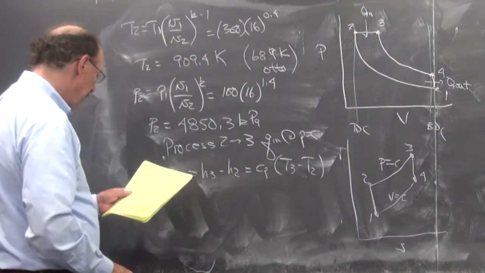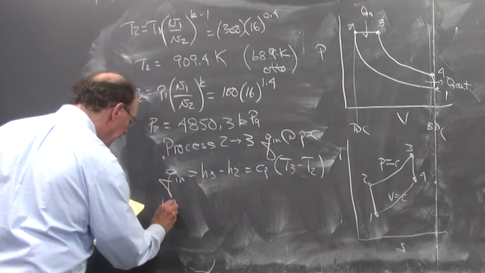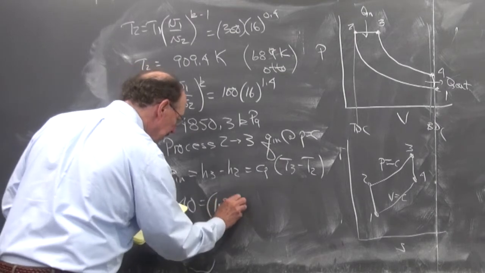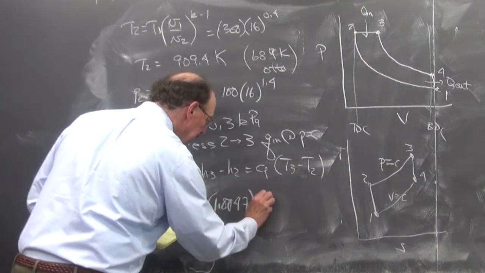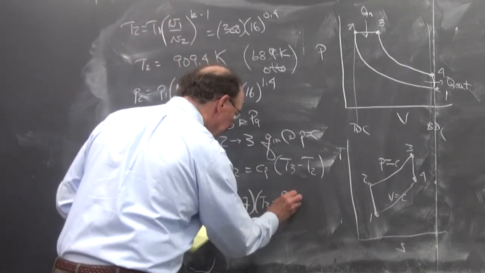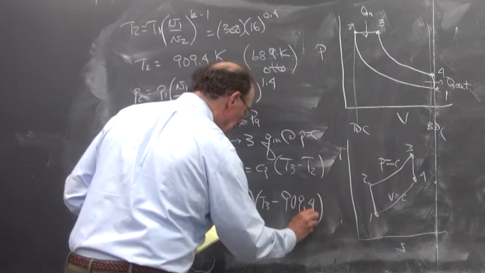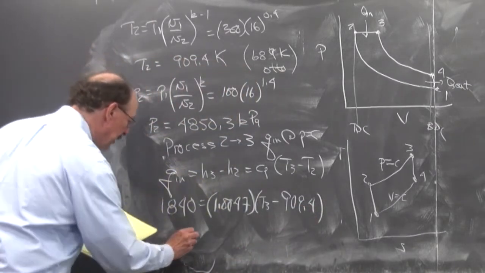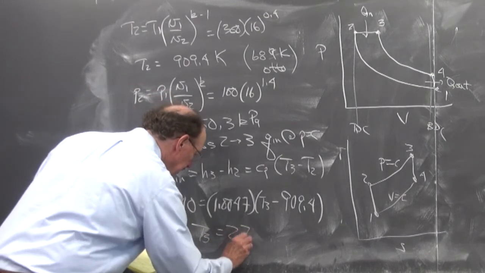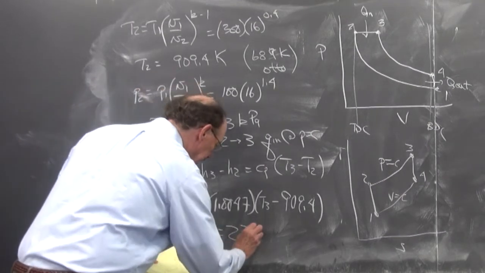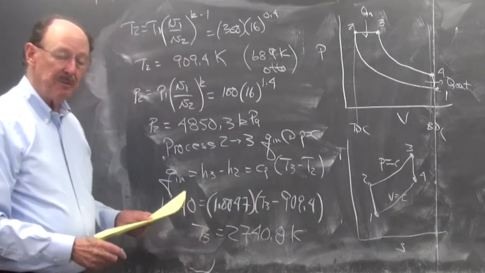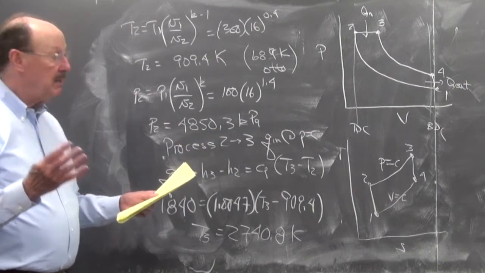So we have 1840 is equal to C sub P, 1.0047, times (T3 minus 909.4). Or we come up with that T3 is equal to 2740.8 degrees K.